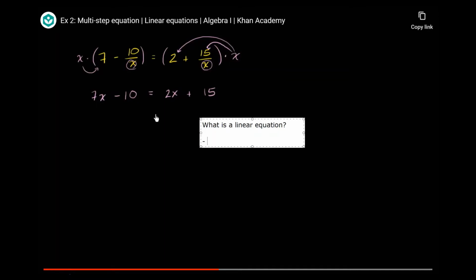So what is a linear equation? Well, here's what a linear equation is. It is an equation between 2 variables that gives a straight line when plotted on a graph. Okay, so that is what a linear equation is.